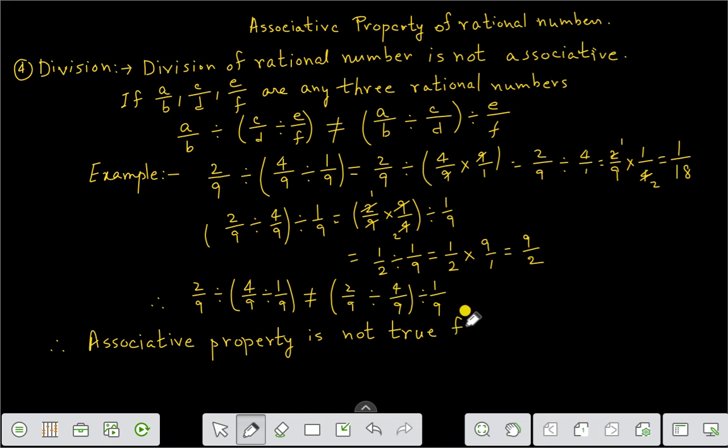Associative property is not true for division of rational numbers.